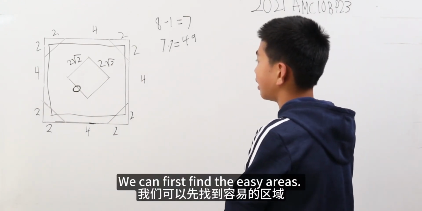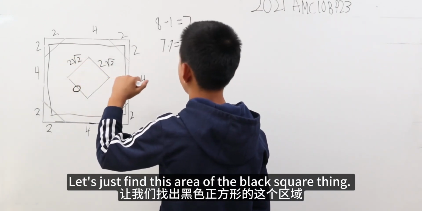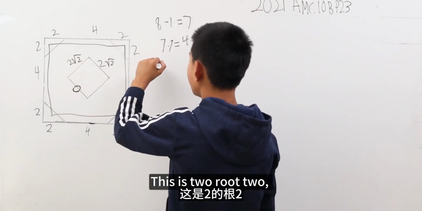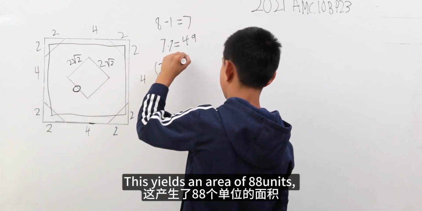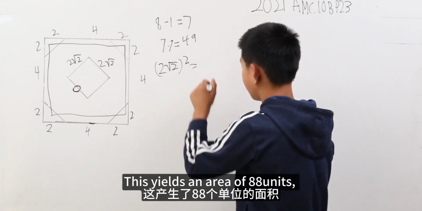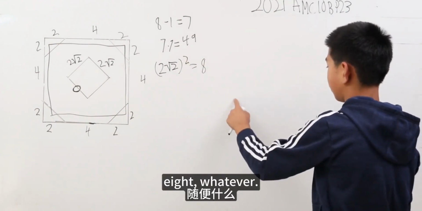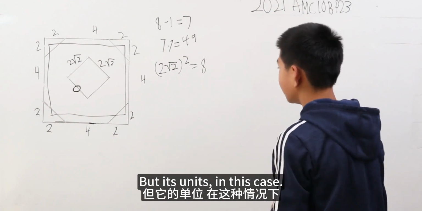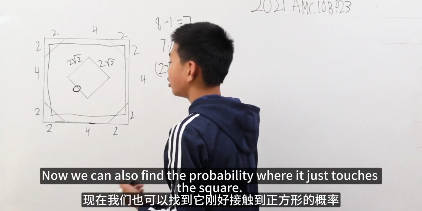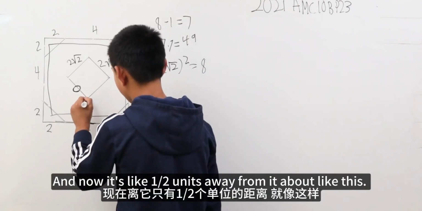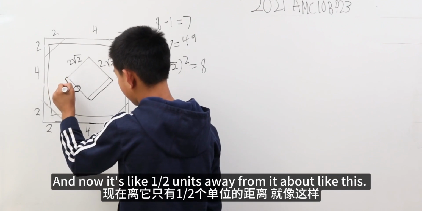So, what can we do? We can first find the easy areas. Let's just find the area of the black square. This is 2√2 squared, which yields an area of 8 units. Now, we can also find the region where the coin just touches the square, 1/2 unit away from it, like this.